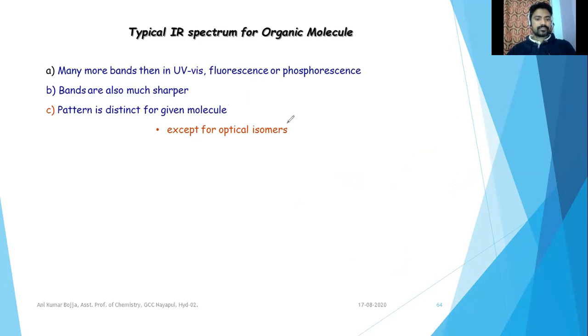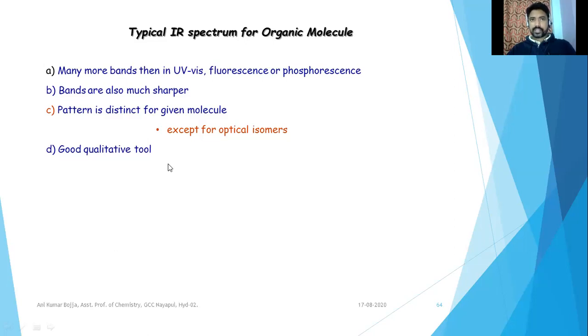Next, IR is a good qualitative tool, in the sense that based on the absorption wave number value or absorption maxima of the molecule in an IR spectrum, we can easily identify the nature of the functional group.